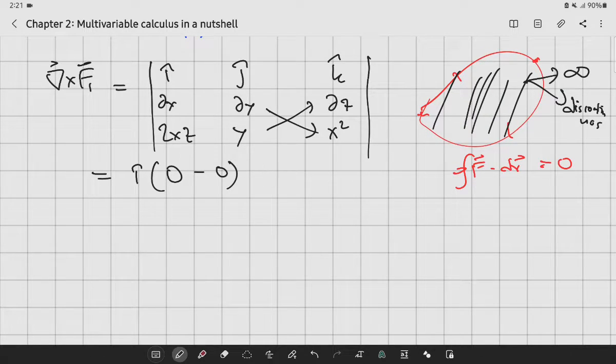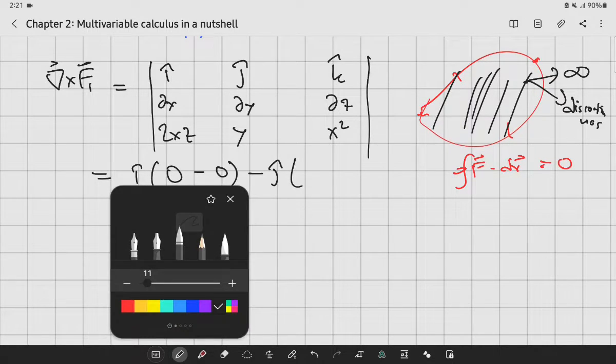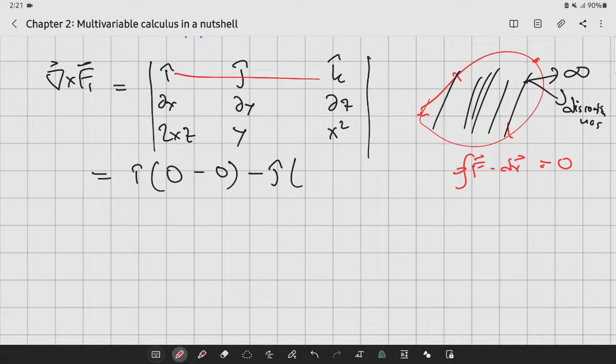And the next thing, I must take minus j times these two.